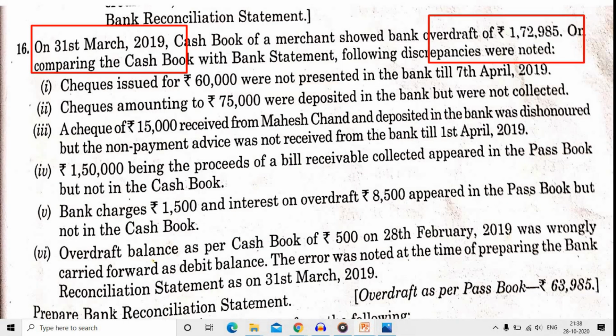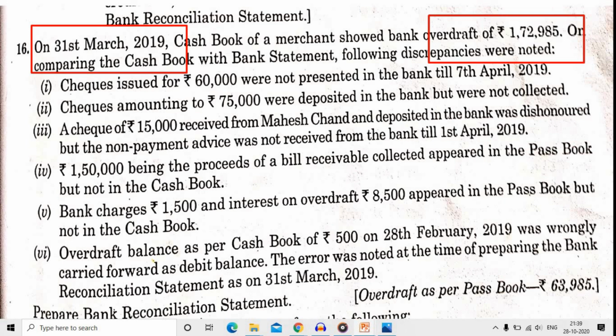We'll see the next problem. On 31st March 2019, cash book of a merchant showed a bank overdraft of 1,72,985. On comparing the cash book with bank statement, the following discrepancies were noted. So as soon as we see the problem, we have to identify the closing date, that is the date for bank reconciliation statement.